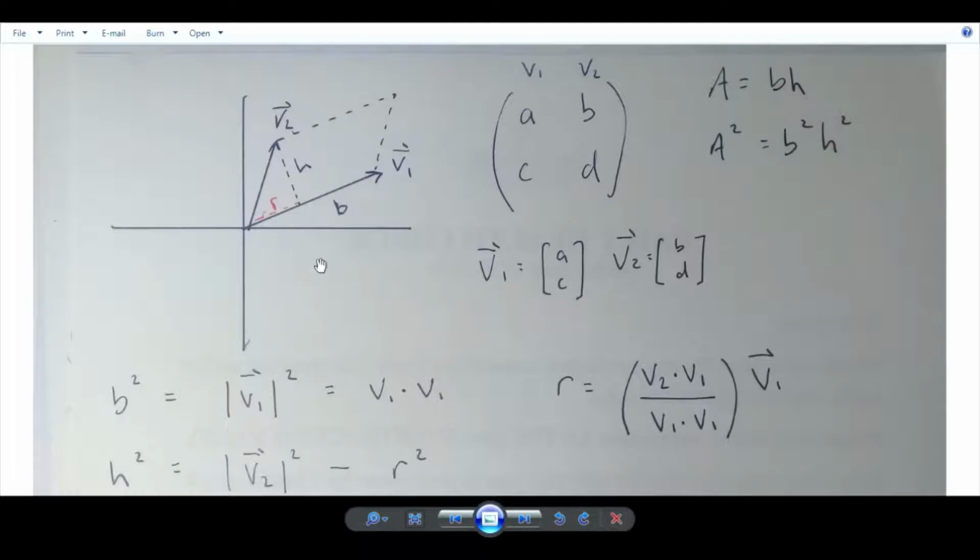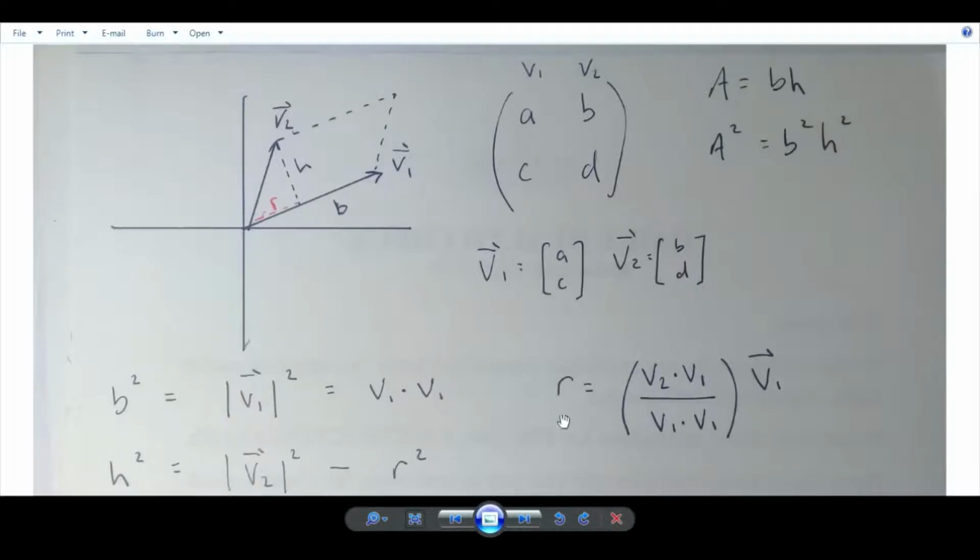Then the next bit we can look at is this part containing R. I've written down h squared, the height squared. That's going to be the hypotenuse squared minus this side squared, and the hypotenuse squared is the magnitude of vector 2 squared, minus r squared. So what is r squared? It's the projection of vector 2 onto vector 1.